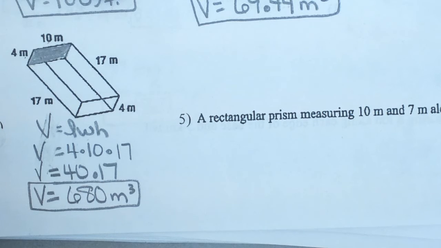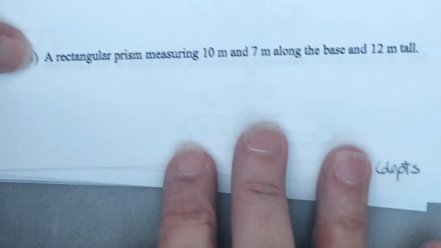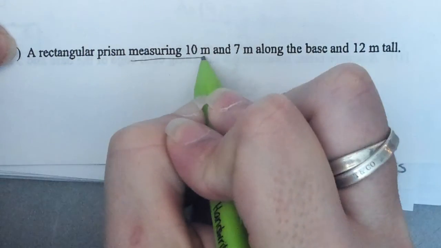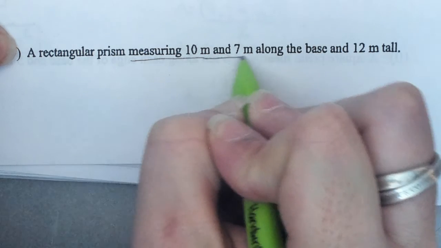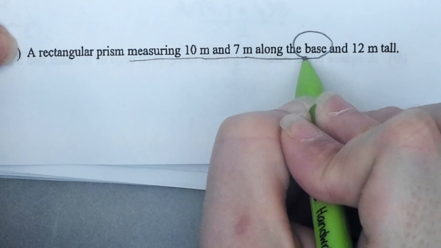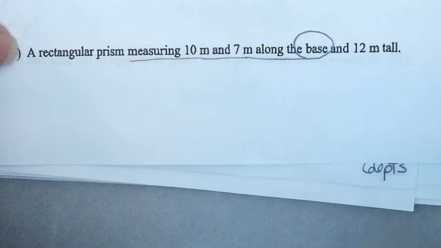The last one is a sentence, but I like it because they didn't use the words length, width, and height. They do say the word rectangular prism, but they say that it is measuring 10 meters and 7 meters along the base. Listen, you got to kind of know what that means. Along the base, meaning it must be the length and the width.